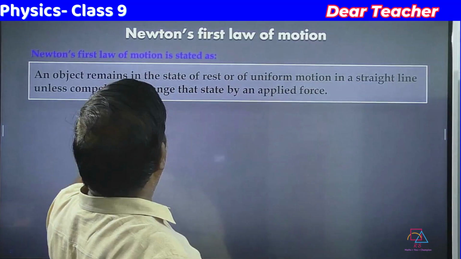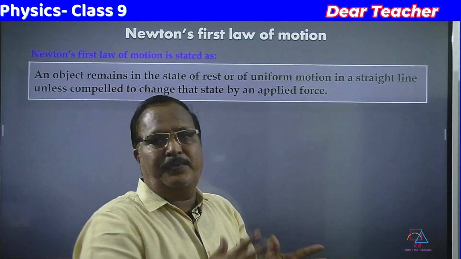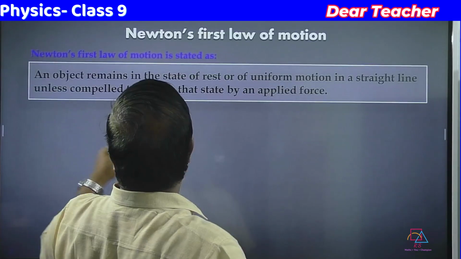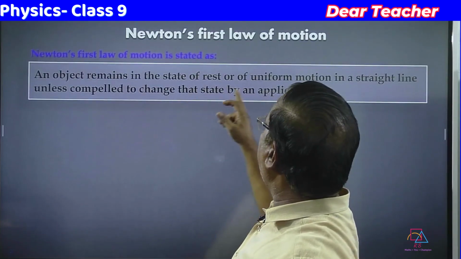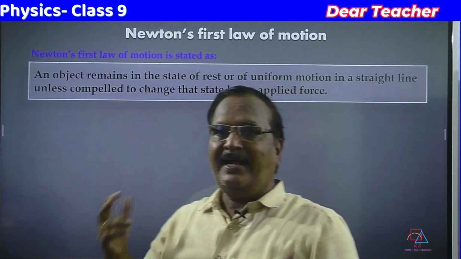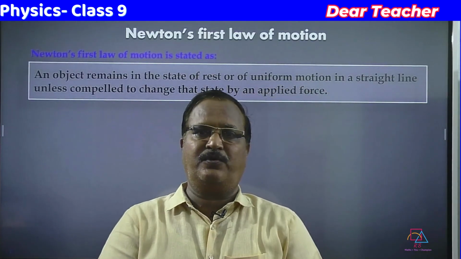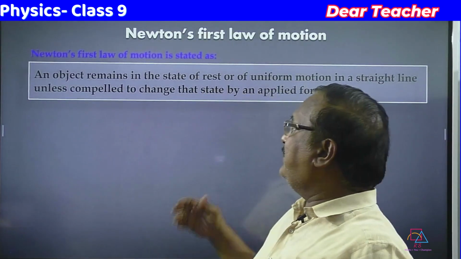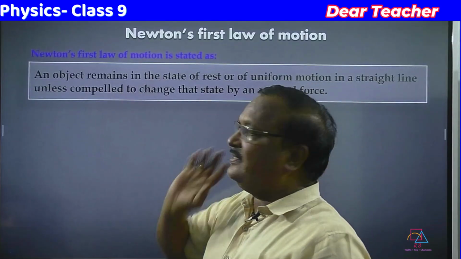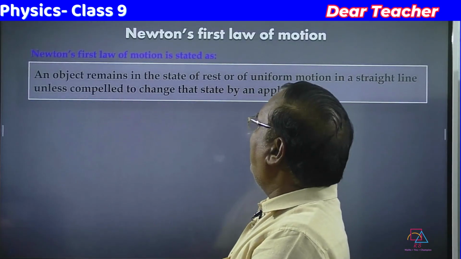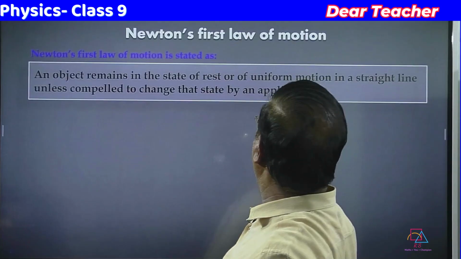It remains, remains means continues, unless compelled to change that state by an applied force or an outside force or external force. So here this compelled is nothing but an external force.